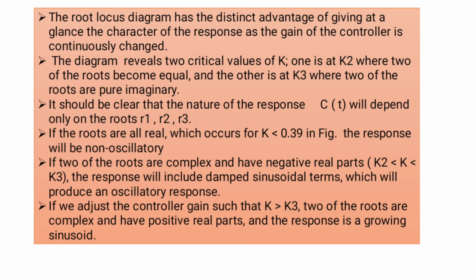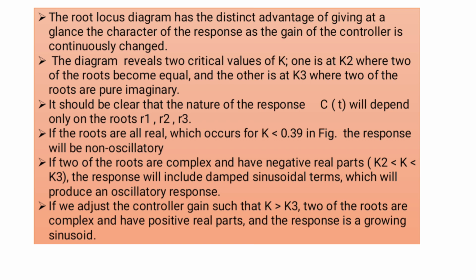It should be clear that the nature of the response C(t) will depend only on the roots r1, r2, r3. If the roots are all real, which occurs for K less than 0.39 in the figure, the response will be non-oscillatory.